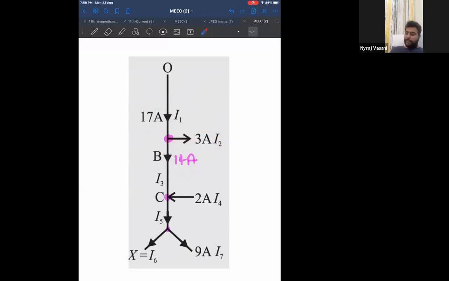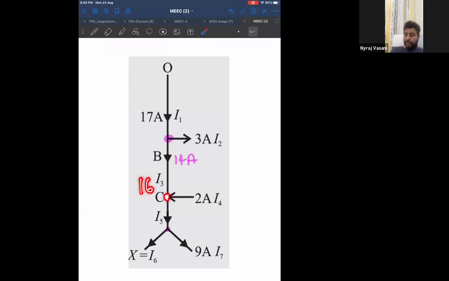Now, consider this node. What is the total current entering this node? Can I say 14 is coming from top and 2 is coming from here? So 14 plus 2, 16 is entering this node.